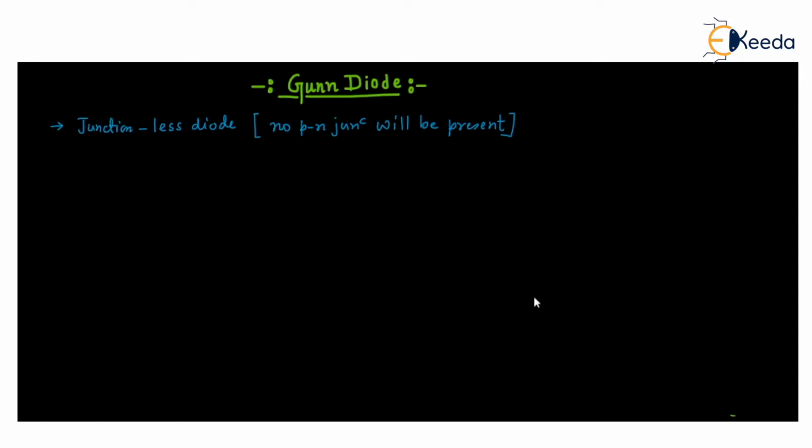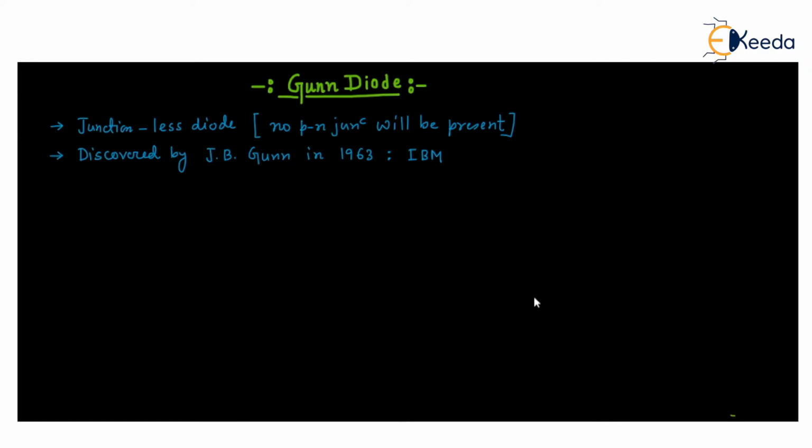Now, this diode was first discovered by scientist J.B. Gunn in 1963 in the IBM laboratories.